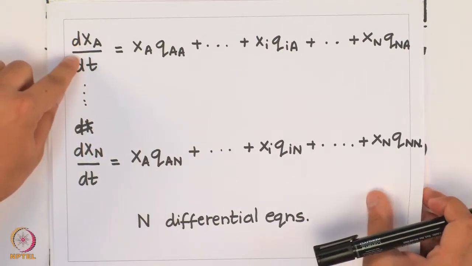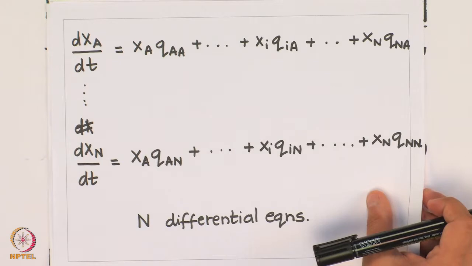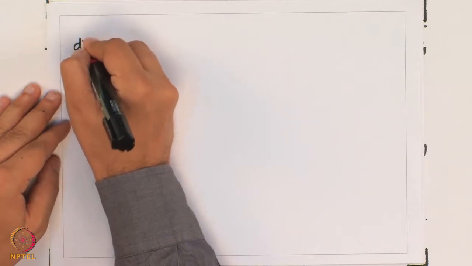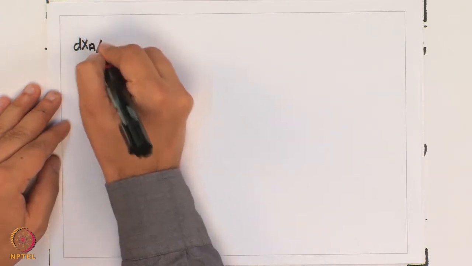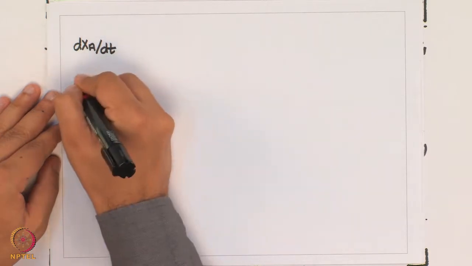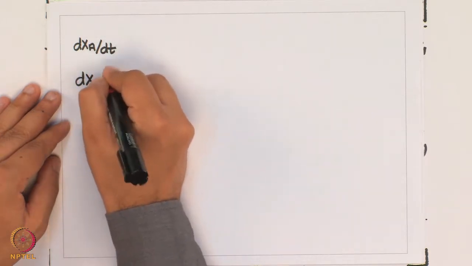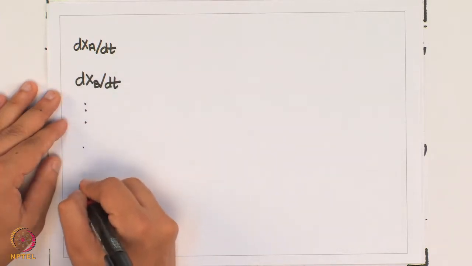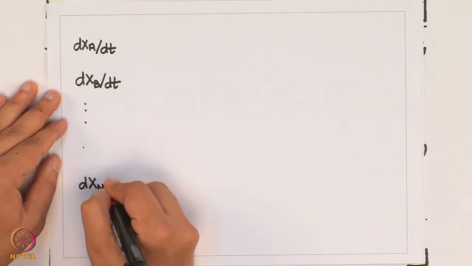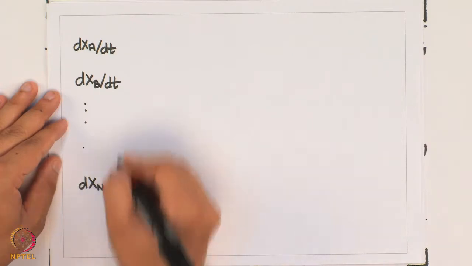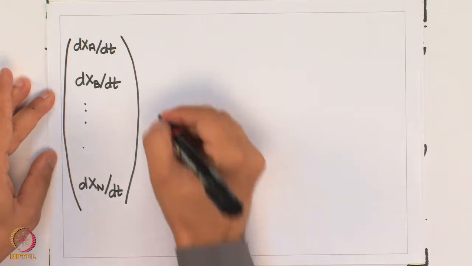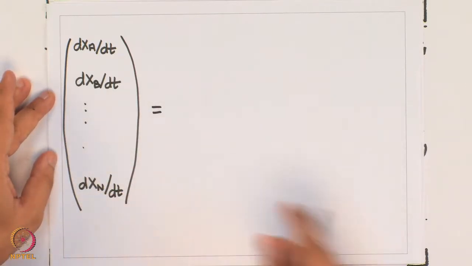So the left hand side of our linear equation is going to be these n derivatives, dxA by dt, dxB by dt, and so on and so forth, going all the way up to dxN by dt. That's my left hand side.